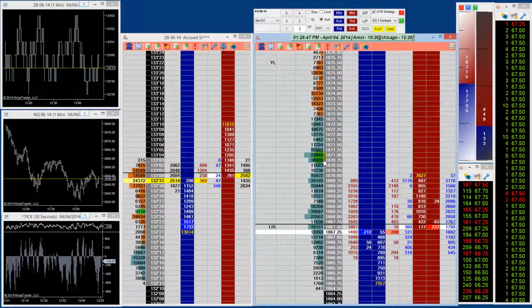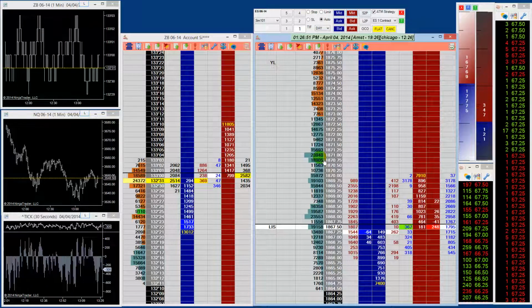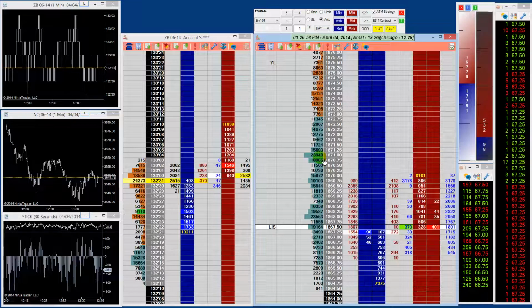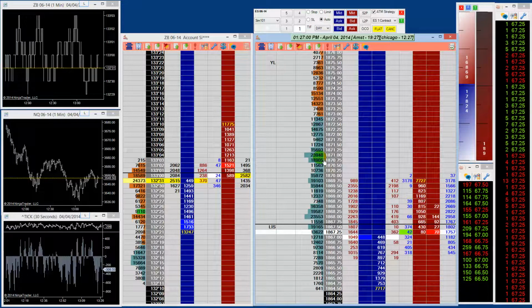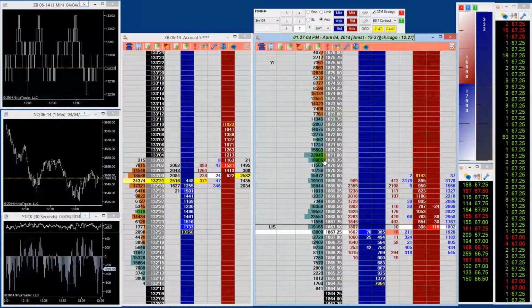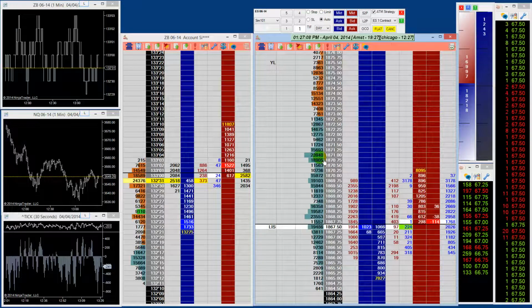Okay, and that's where the evil HFTs and the spread, the arb traders, they're actually on your side in this case, because as soon as these correlated markets diverge, there are programs that kick in and arbitrage the difference. So quite often those programs are on your side and helping you because they keep the markets in sync.